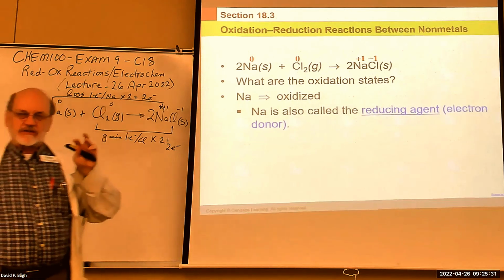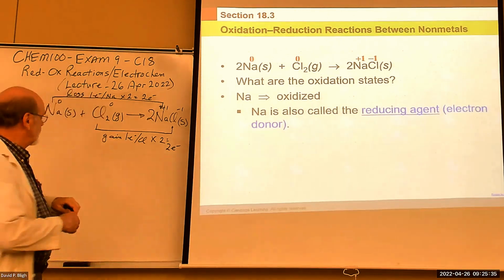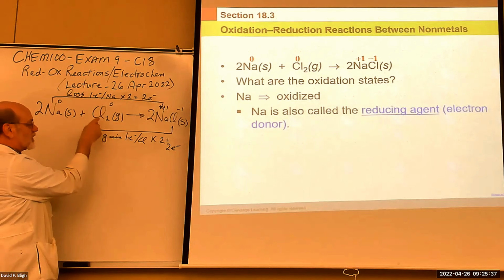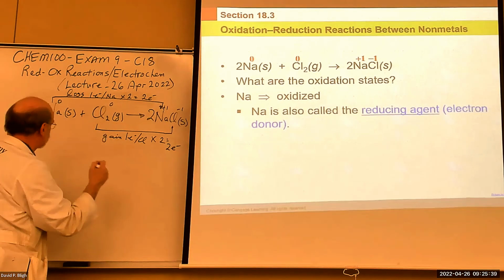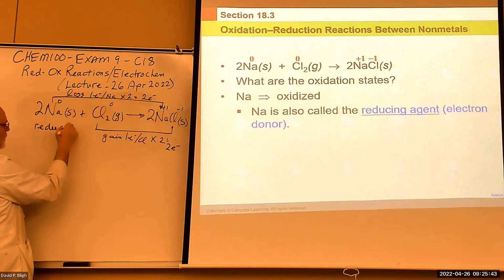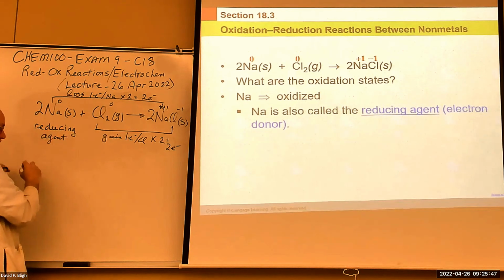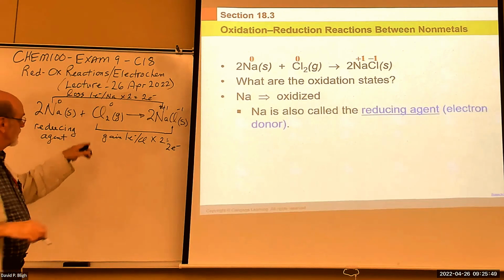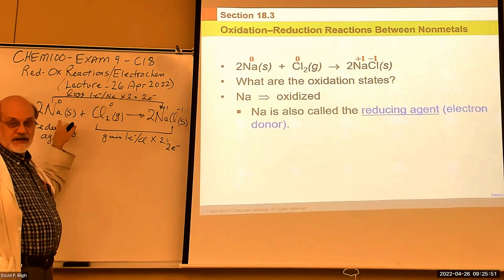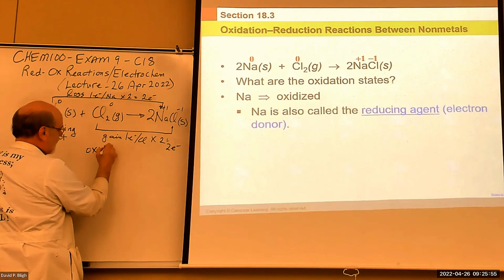Sodium is the agent of reduction for chlorine. In other words, sodium causes the reduction of chlorine. That makes sodium the reducing agent. And conversely, chlorine causes the oxidation of sodium. That makes chlorine the oxidizing agent.